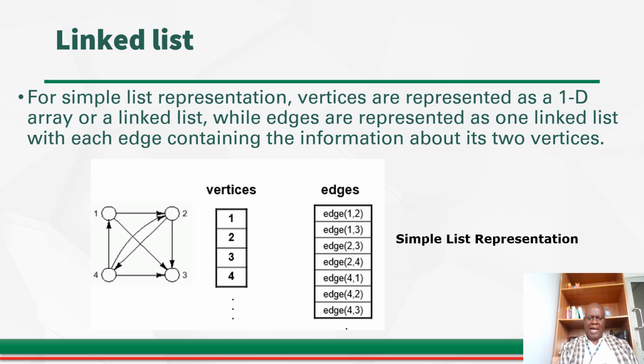Then the edges are 1 to 2, 1 to 3, 2 to 3, 2 to 4, 4 to 1, 4 to 2, 4 to 3. But 3 to any vertex is not possible. You see that almost all of them are terminating in 3, but 3 is not going anywhere. So that is why you don't have 3 to any part there.